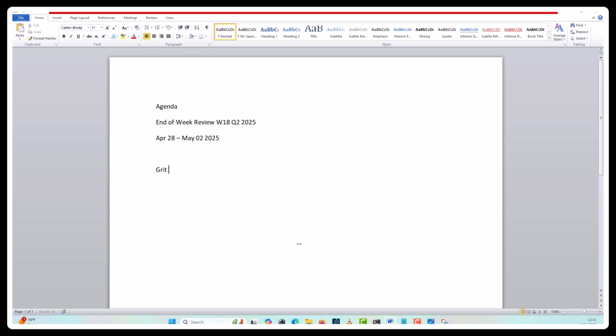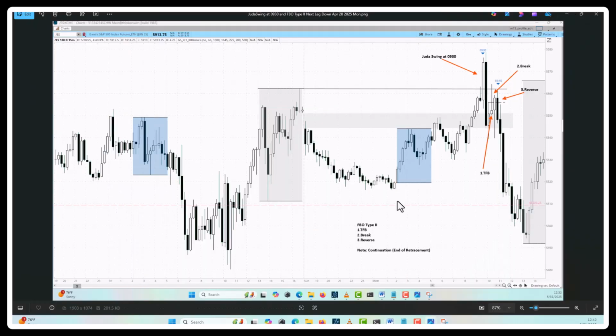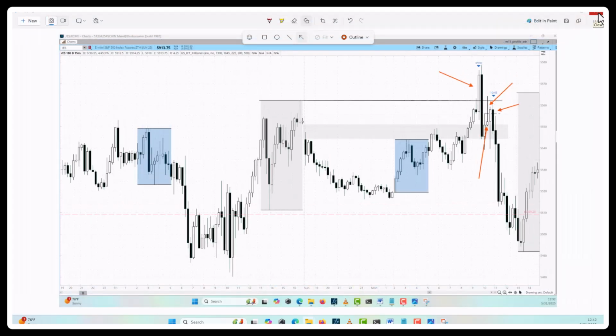Grit is similar to resilience. That's the key to success in this arena, which is swing trading, not day trading. Yes, this is a lifelong journey, and it's a creation. We create our own journey, our own wealth, our own freedom, autonomy.